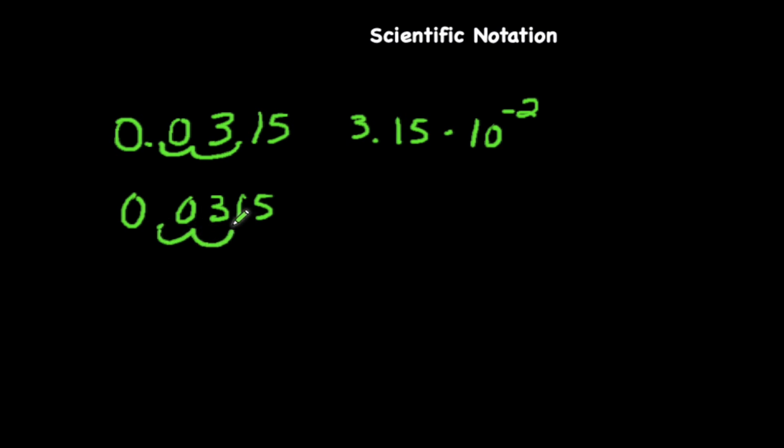So we're moving it 2 places to the right, and there's just 1 digit to the left of it, because we have to ignore these zeros. These are gone now. So we're left with 3.15 times 10 raised to the positive power or negative power. And I hope you said negative power because we are dealing with a really small number.